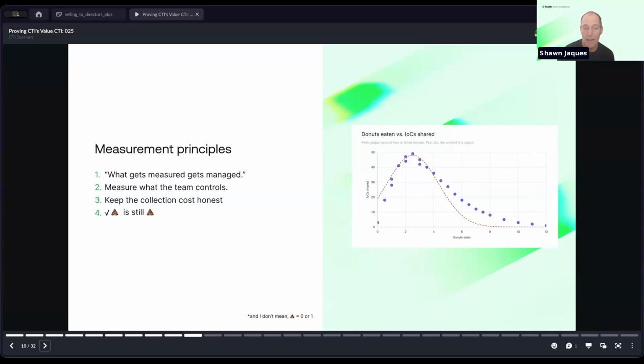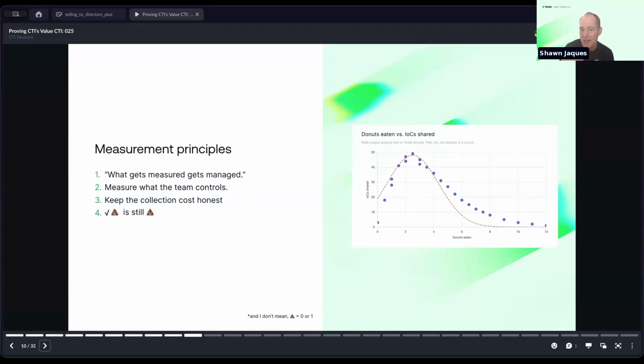The fourth point on here is that the precision of a number doesn't necessarily make it a good number. Precision does not indicate that it's a better metric. So measuring it out to three decimal points doesn't make the number of donuts eaten versus IOCs shared a quality metric. I do kind of like that little graph though.